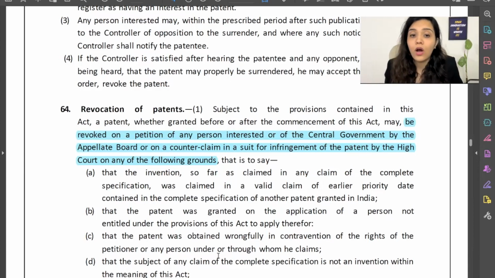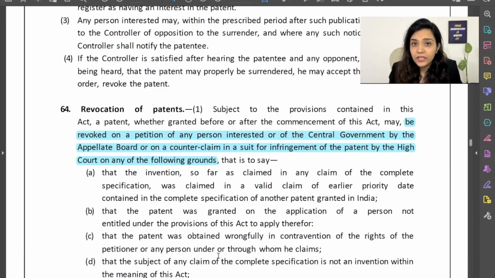So what is a counterclaim in a suit for infringement? Though I'll explain this in infringement as well, let us try to understand the scenario. For example, I hold a patent and the person XYZ is infringing on my rights. So I'll file a suit for infringement against person XYZ. What is the best defense for person XYZ?